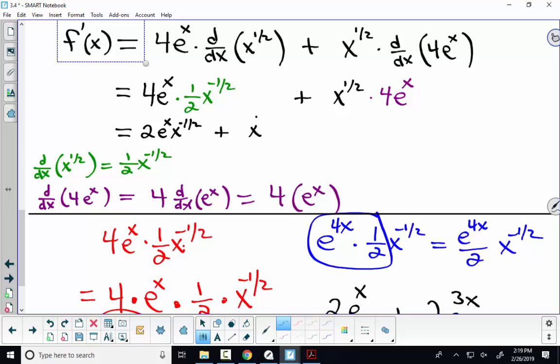They're not like terms. They have different exponents. So that would be our derivative. We could perhaps talk about simplifying that if we had to determine where that function is 0. But right now, I think just getting used to taking a derivative with the product rule is primarily what we want to focus on.